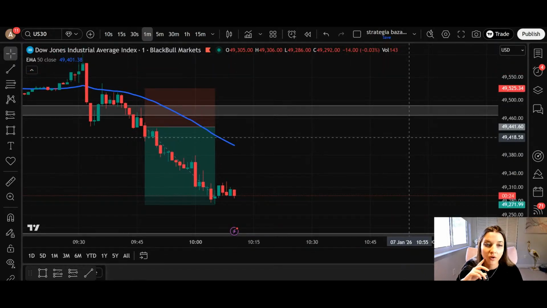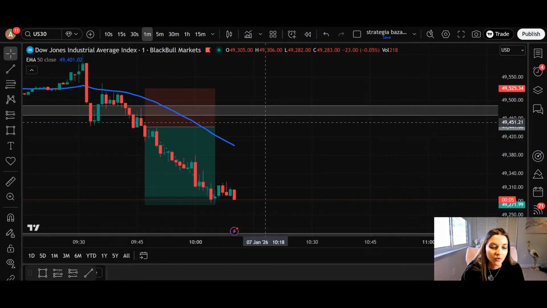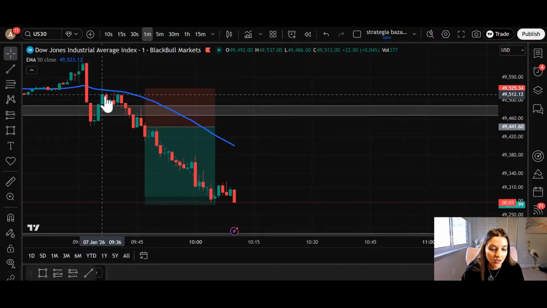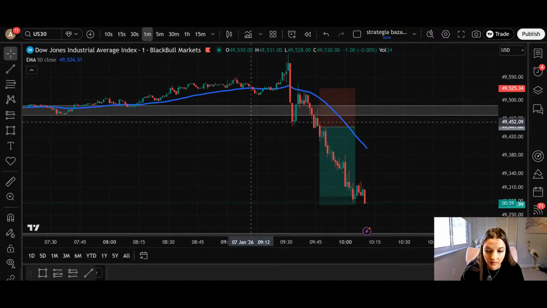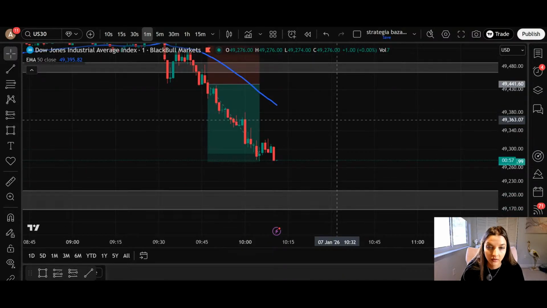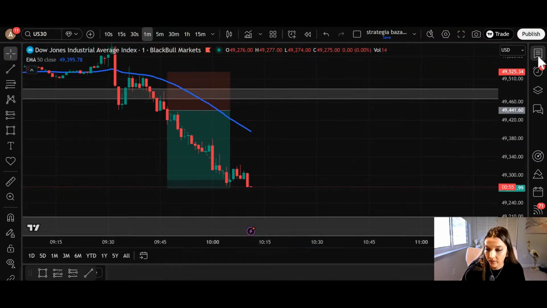What other instruments do you guys want me to look at right now? Because it's gonna take a little bit. This was an entry of the morning. Price went below the EMA, retested it, broke an area, and it went down. And that's what happened.